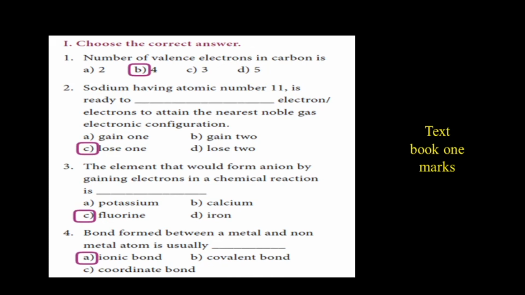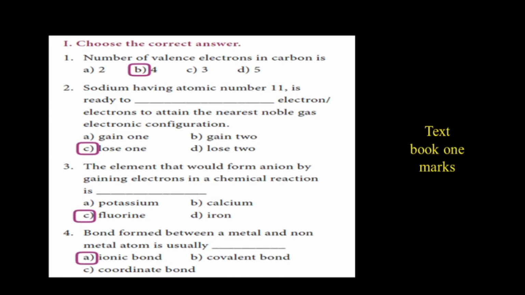Second question: sodium, having atomic number 11, is ready to dash electron or electrons to attain the nearest noble gas electronic configuration. If the atomic number is 11, the electronic configuration is 2, 8, 1. So the outermost shell has only 1 electron and it can readily lose 1 electron and attain the nearest noble gas electronic configuration. So option C, lose 1 electron.